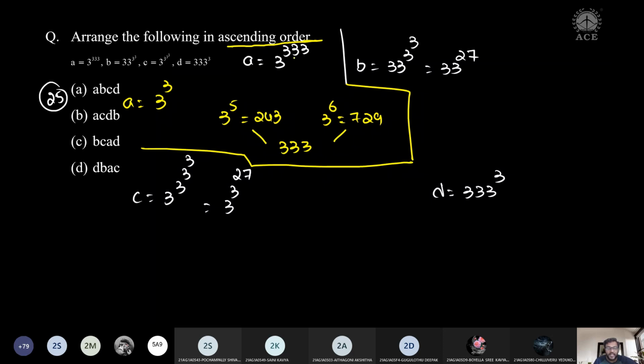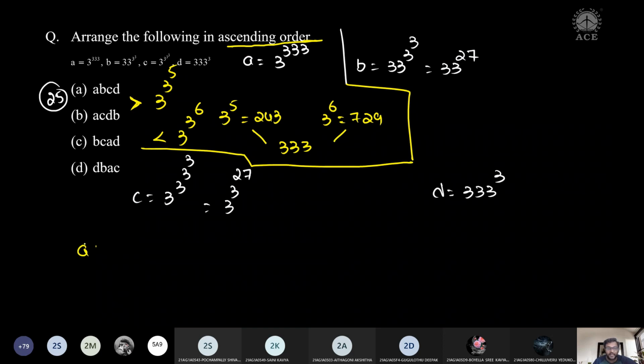So A will be, at minimum, greater than 3 power 3 power 5, and it is less than 3 power 3 power 6, right? 3 power 6 is 729, it's less than this and more than this. You see the C, A is less than C, damn sure I can say.